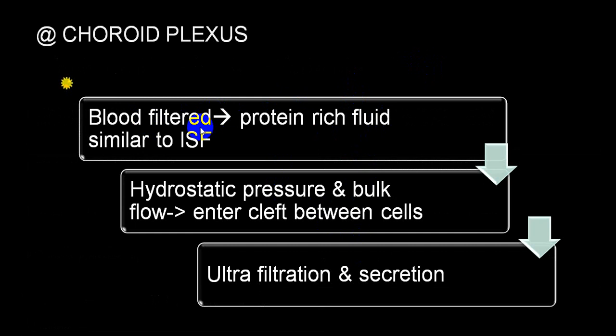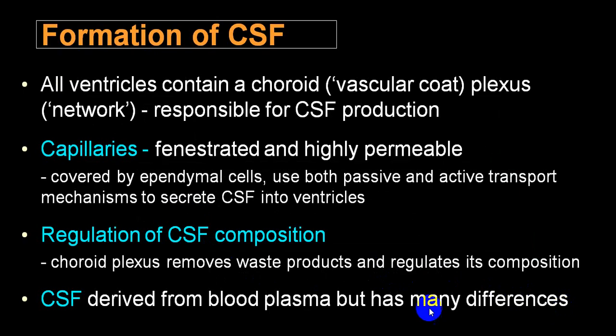Blood is rich in protein, but because of ultrafiltration and secretion, there is hardly any protein content in CSF. So formation takes place in almost all ventricles containing choroid plexus, that is a vascular coat.